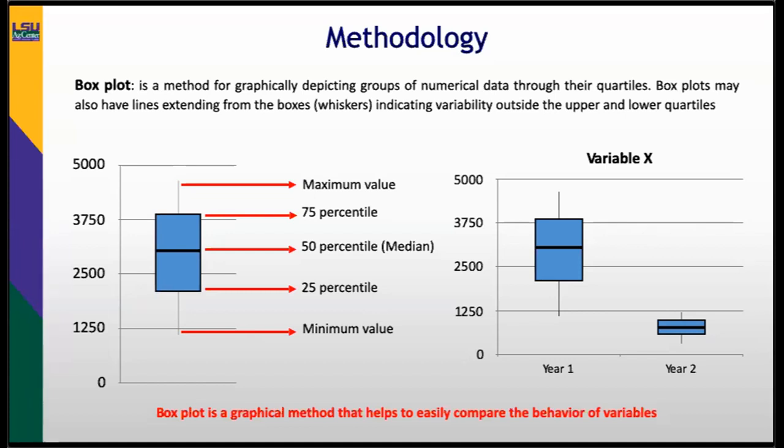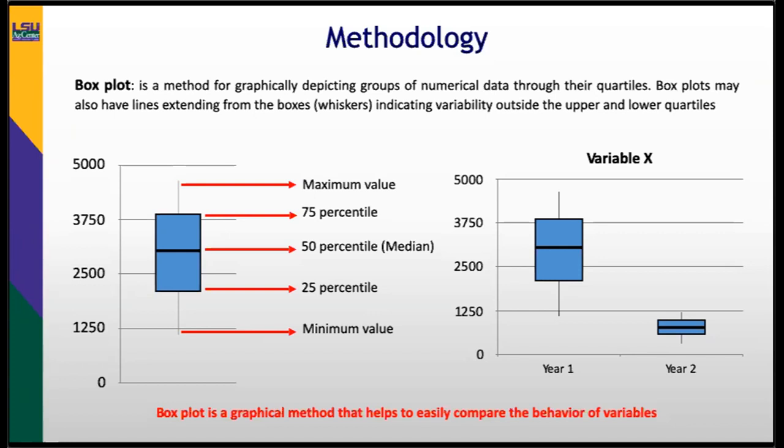This point shows the maximum value of this variable, the point at the bottom is the minimum value. The top of the box is the 75th percentile, and the line in the box represents the median value of the variable.